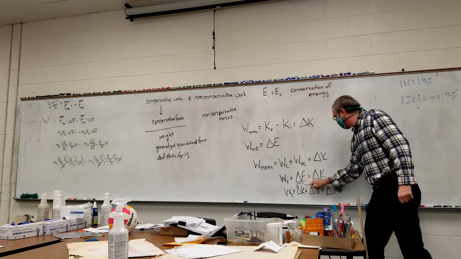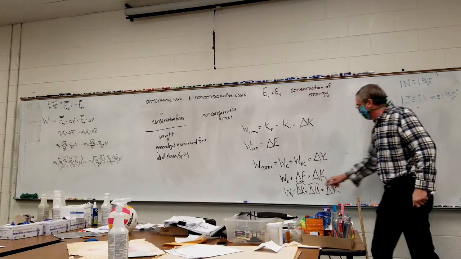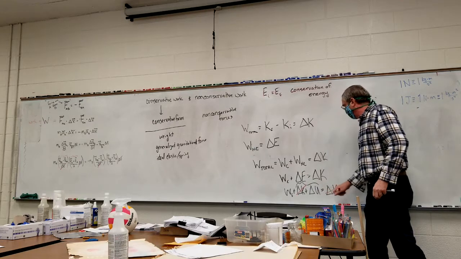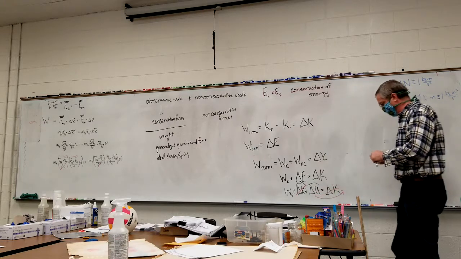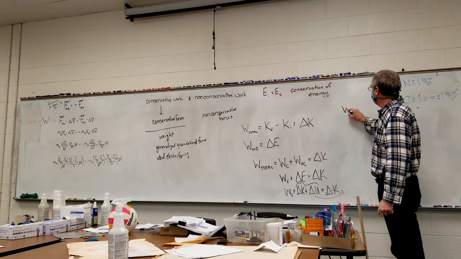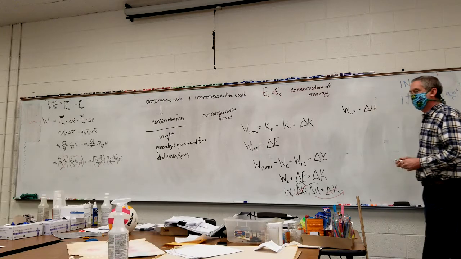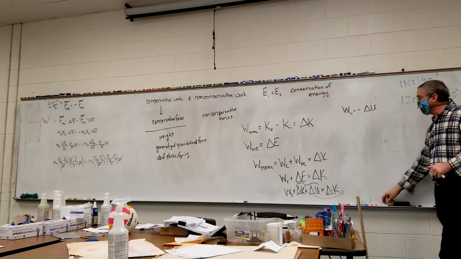This is like that. My kinetic energies will cancel. I'm going to bring delta U over to the other side. And so I have my conservative work is equal to the negative change in potential energy. Those are the three work energy relationships.